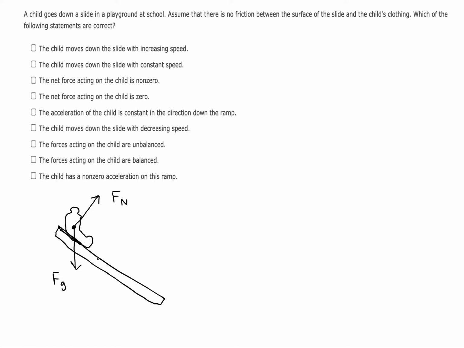However, what we can do is break up Fg into its components. What we like to do is align it so that this is the positive x direction. You want your axis aligned with the ramp surface in these types of problems, so that when you break down your components, you create an x component called Fgx, and a y component called Fgy.